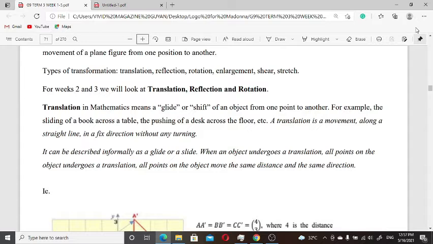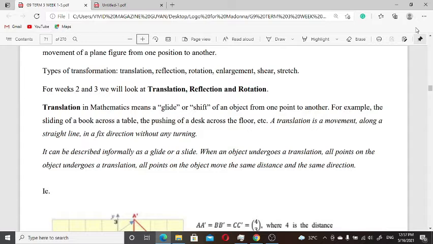You're gliding something, you're moving one object from one location to the other. So if you move something from point A to point B, then there is generally no change in how it is shaped. For example, when you move from home to school, you are still the same person. And that concept is very important when it comes to understanding what a translation is about.